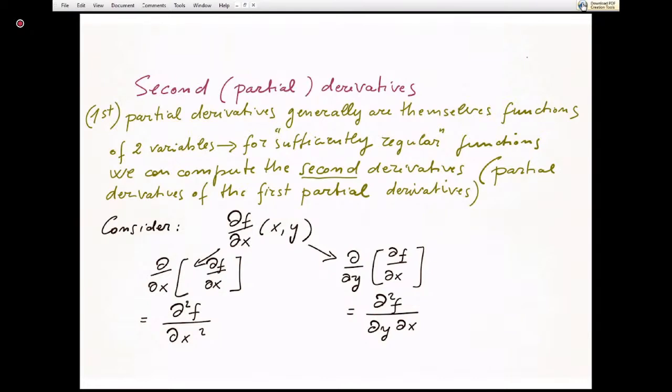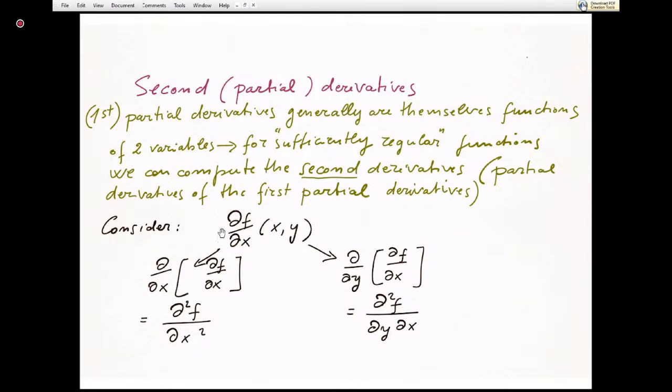I'm dealing with functions of two variables, but in general, they are themselves functions of n variables. And for sufficiently regular functions, which is 100% of the functions that we will see in our course, we can also compute the second derivatives, which are the partial derivatives of the first partial derivatives.